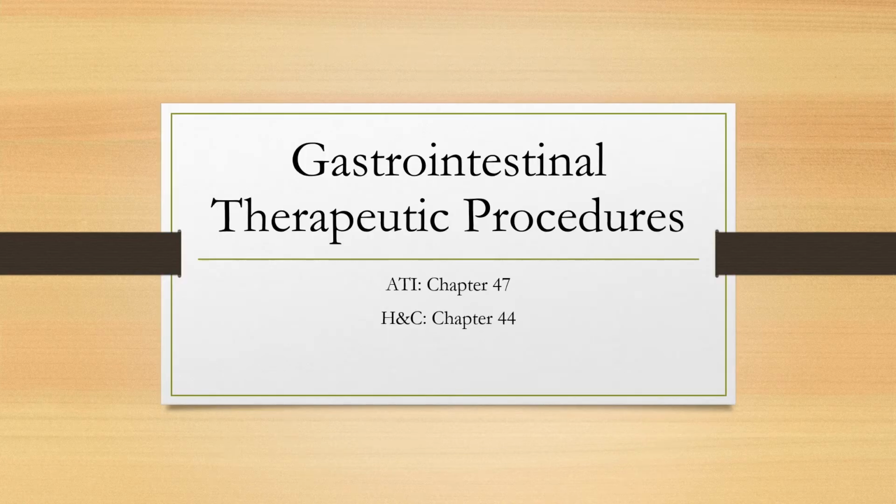Okay, so let's move on to the next chapter on therapeutic procedures. So we're going to talk about nasogastric tubes, orogastric tubes, so a tube that goes from the mouth to the stomach. Nasogastric is from the nose to the stomach. And we'll talk about other ways of providing nutrition using the gastrointestinal tract.